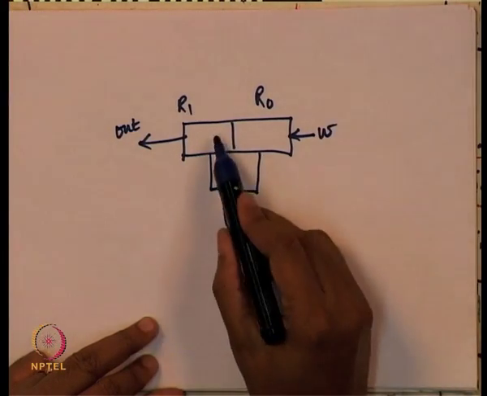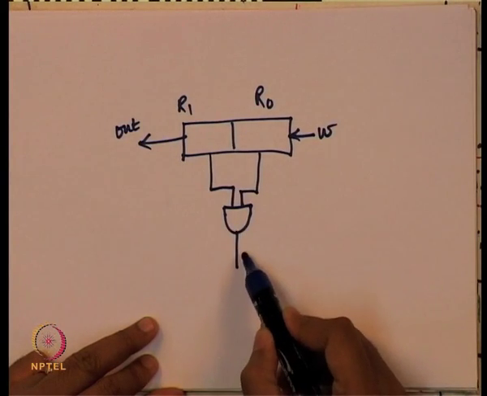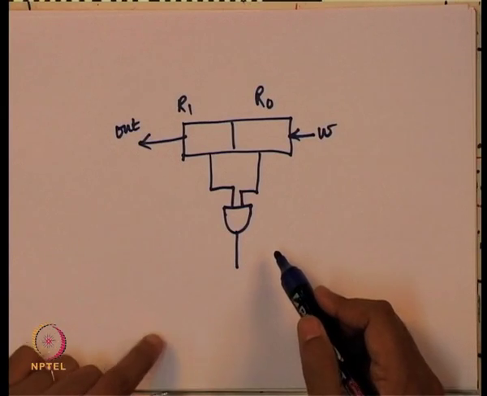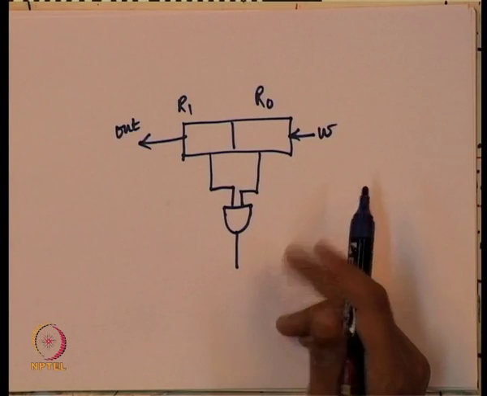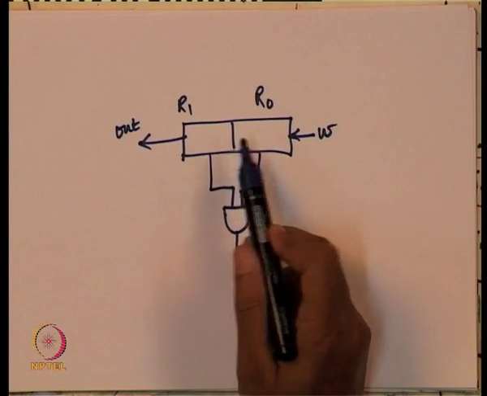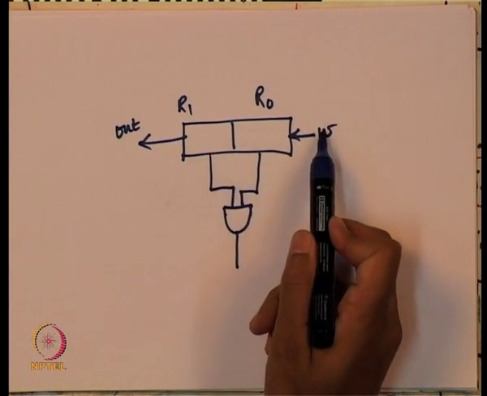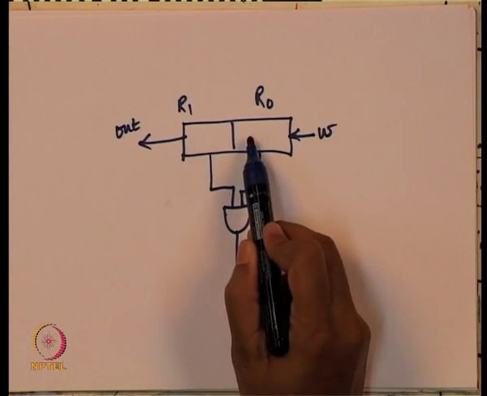If both of these are 1, then the AND gate will give an output of 1. What this is capturing is, if there are 2 consecutive cycles where the input was 1, it will eventually appear in the shift register as 2 1s.